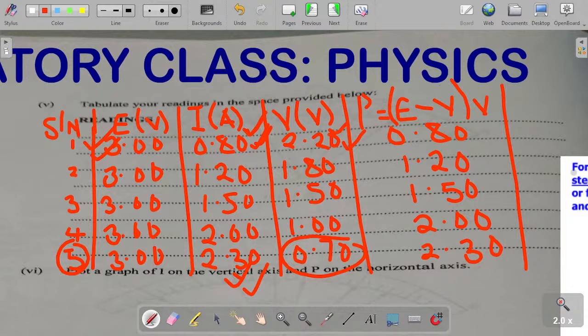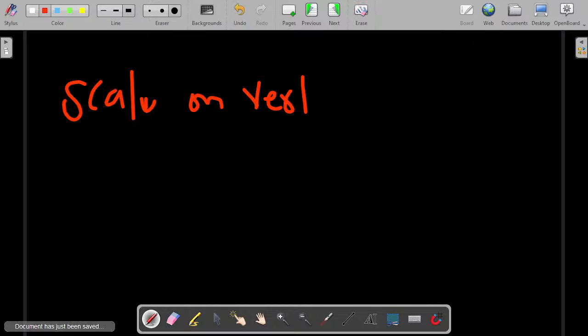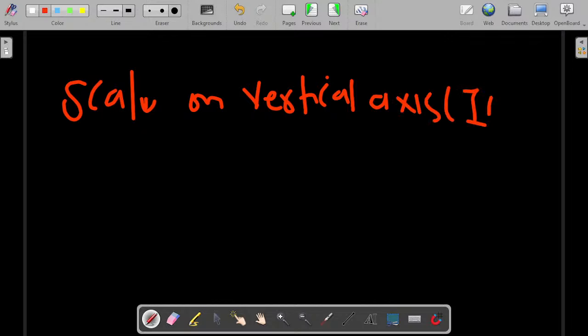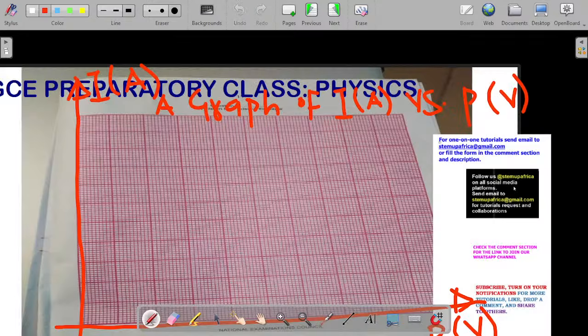So I will now write scale on vertical axis, which is the I in ampere. I will say 2 cm to 0.2 ampere, because it's in ampere. Instead of saying units, you can just use the unit of the current, 2 cm to 0.2 ampere.